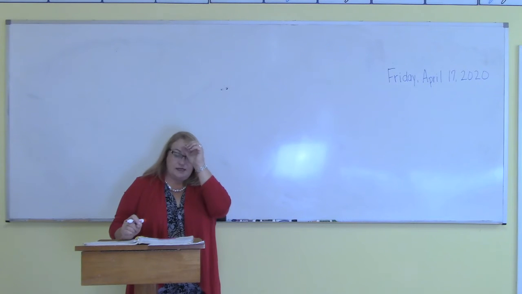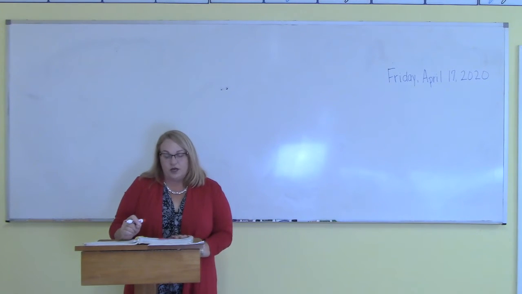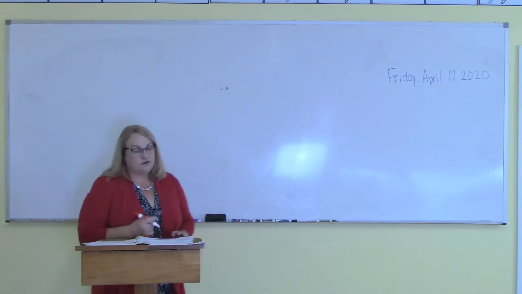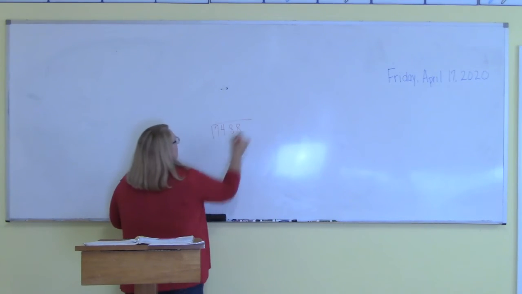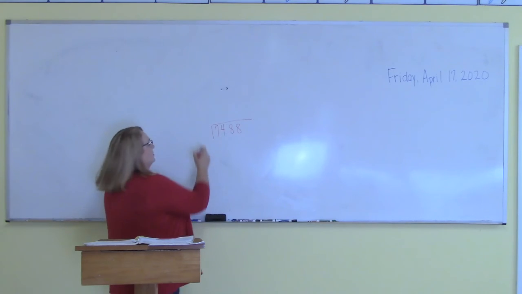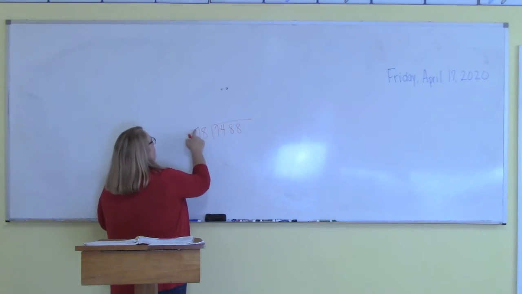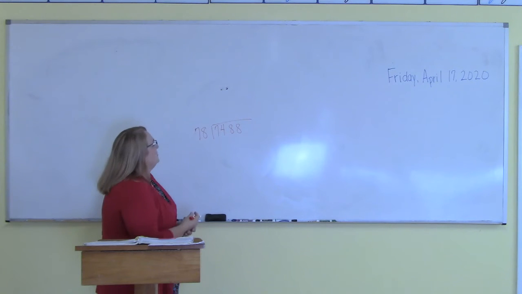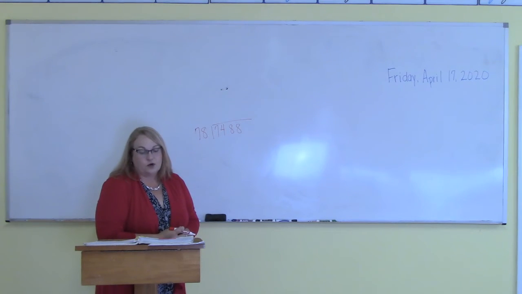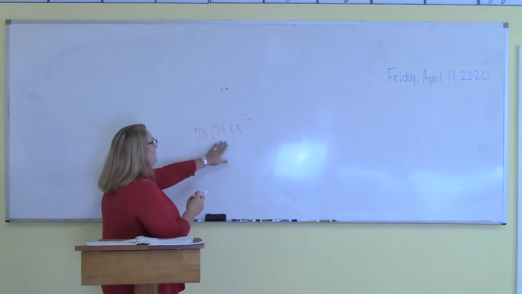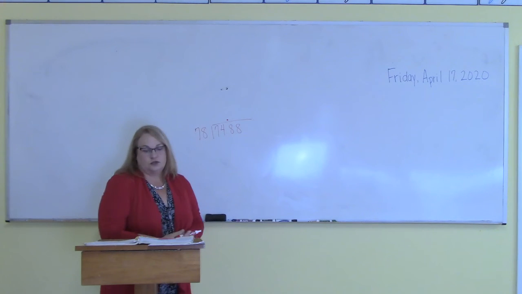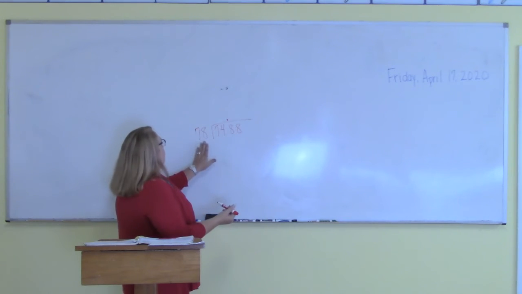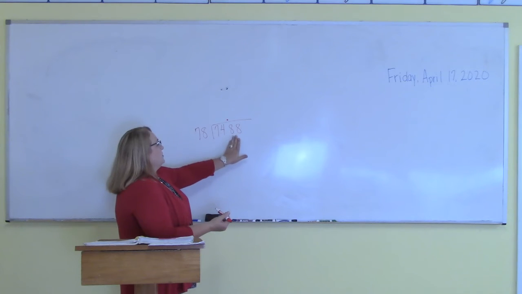Number 2, it says divide. Place the decimal point correctly. A, 78 divided into 74.88. Now this time we're not working with dollar signs, so 74.88, but you still move your decimal straight up. 78 cannot go into 74, so you have to move over.